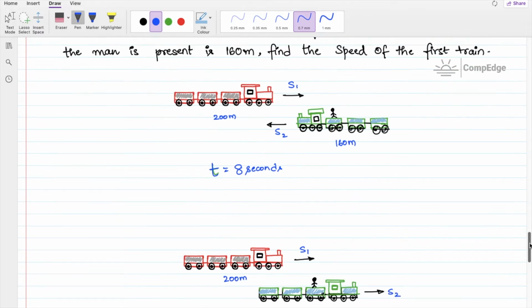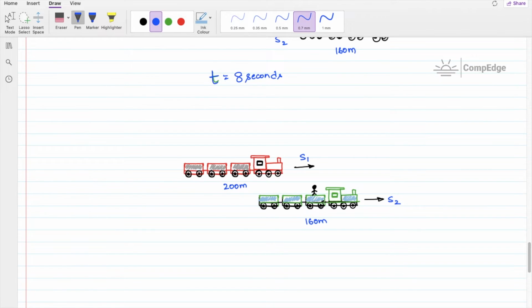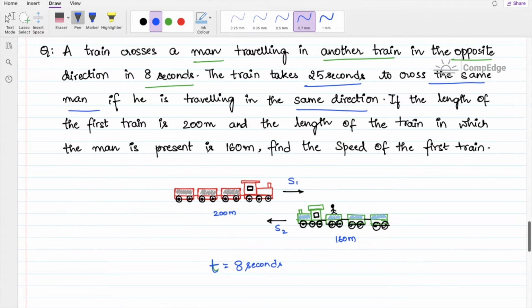Here, the time taken is 25 seconds. The length of the first train is given as 200 meters, and the length of the train in which the man is present is given as 160 meters. Find the speed of the first train.